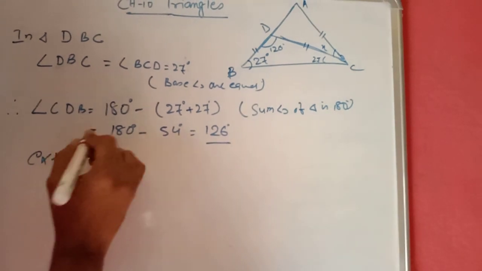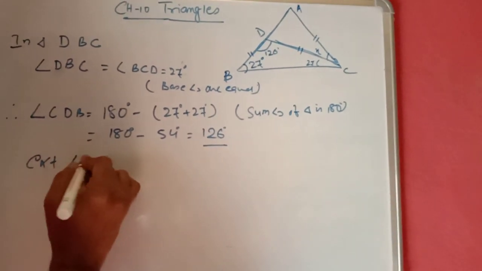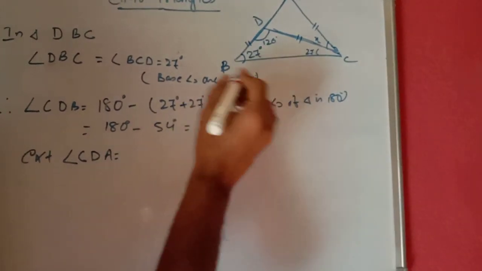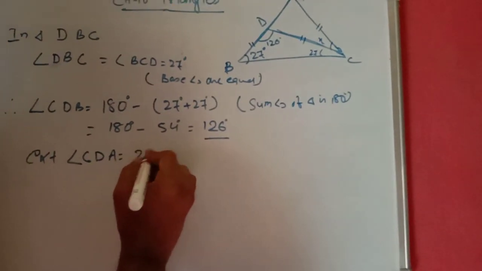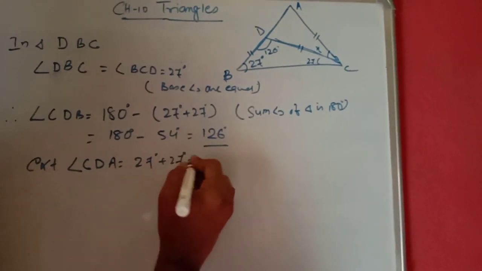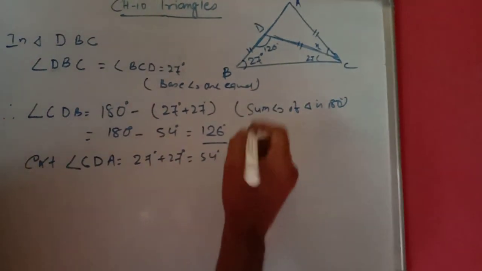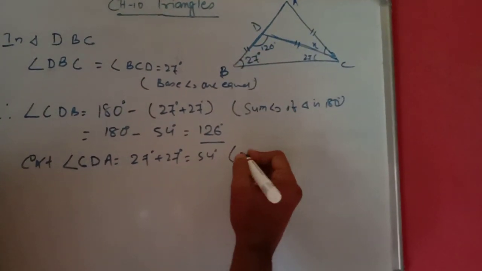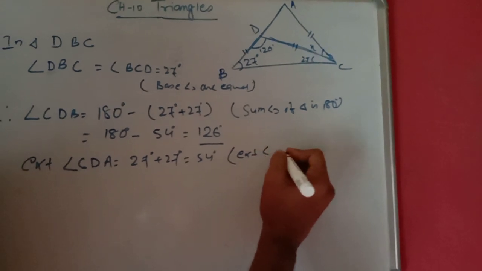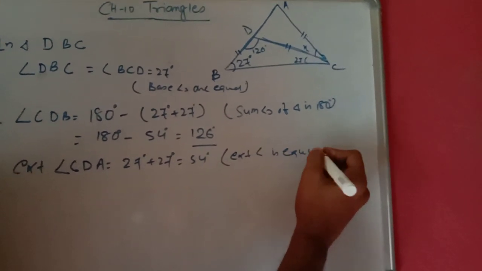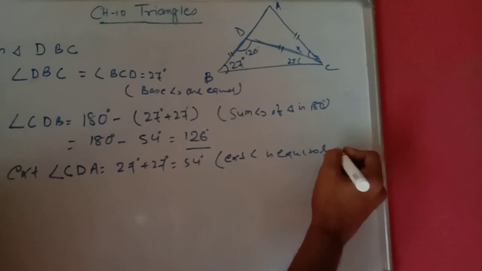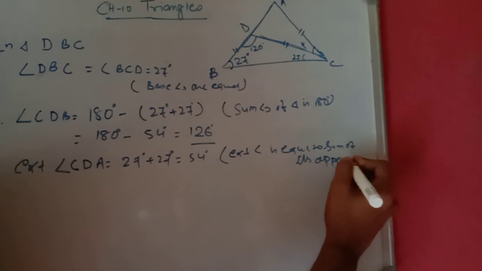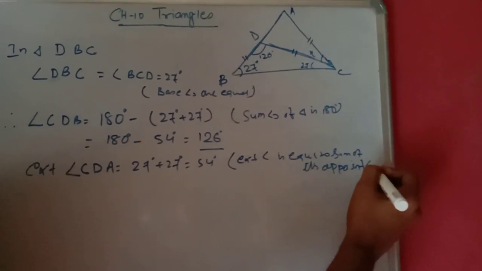Exterior angle CDA equals 27 degrees plus 27 degrees equals 54 degrees, because as we know, an exterior angle is equal to the sum of its opposite interior angles.